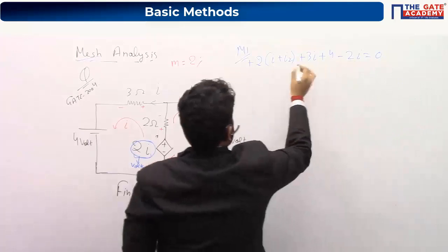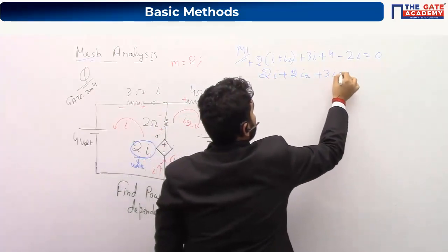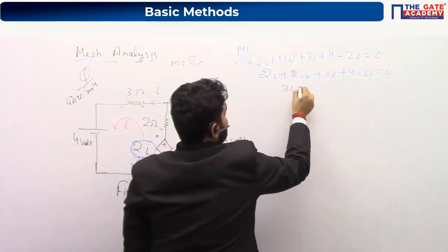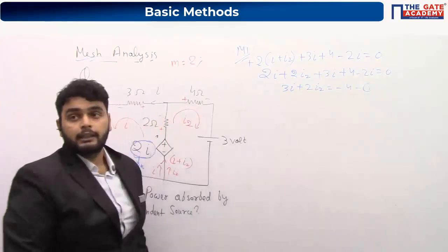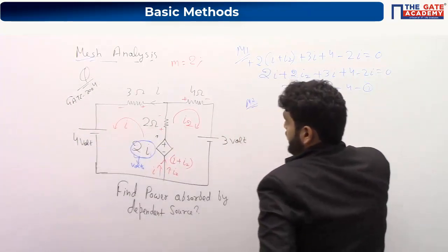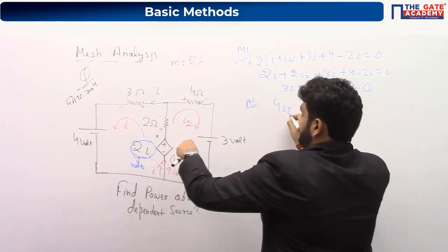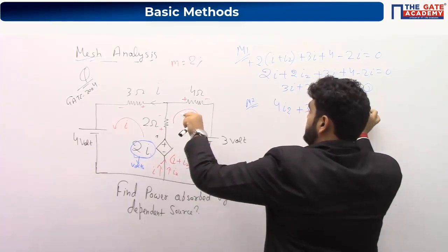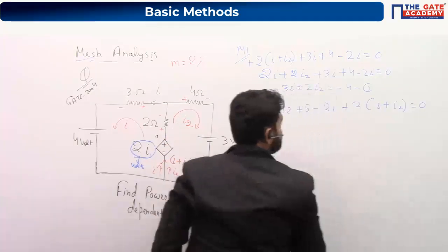Now I can simplify this equation. This will become 3I plus 4 minus 2I equal to 0. This cancels, and it becomes 3I plus 2I2 minus 4, the first equation. Okay, now we'll see the second equation, M2. Here you can see the M2. It will be 4I2 plus 3 minus 2I plus 2I plus I2 equal to 0.